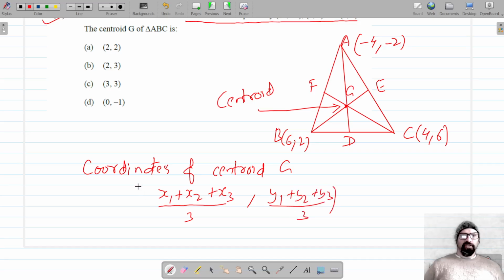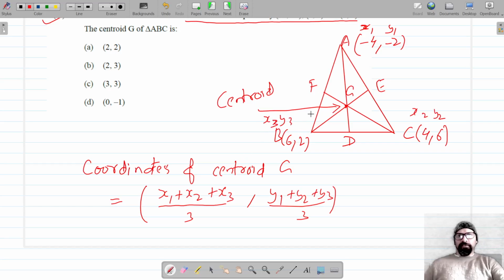This is x1 y1, this is x2 y2, and this is x3 y3.